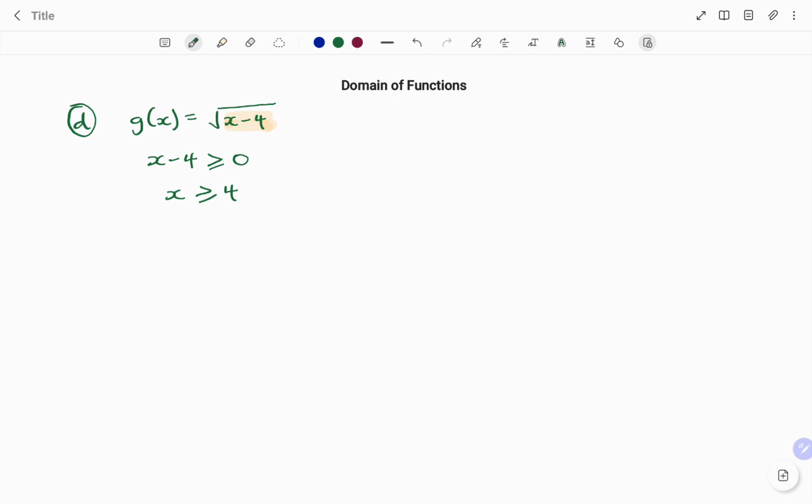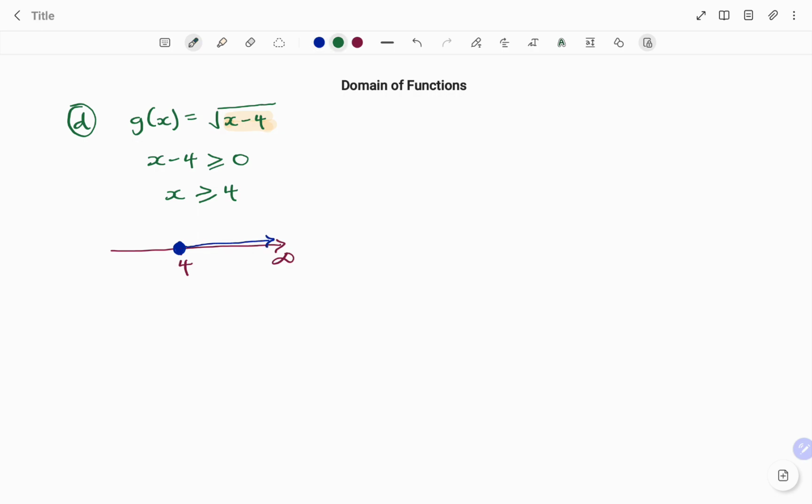Therefore, putting that on my number line, I have to infinity, starting from 4. And because 4 can be included, I'm going to have a shaded circle on 4, and then I have values greater than 4 towards infinity.